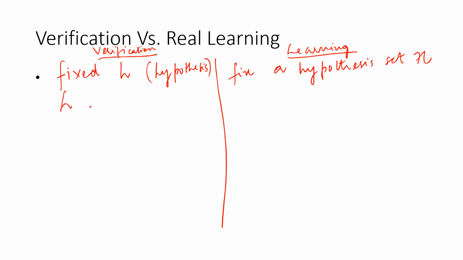So here we certify H, whether it's good or not. Here, in learning, what we do is pick a particular hypothesis G from H, right? So pick G that is a part of this H.